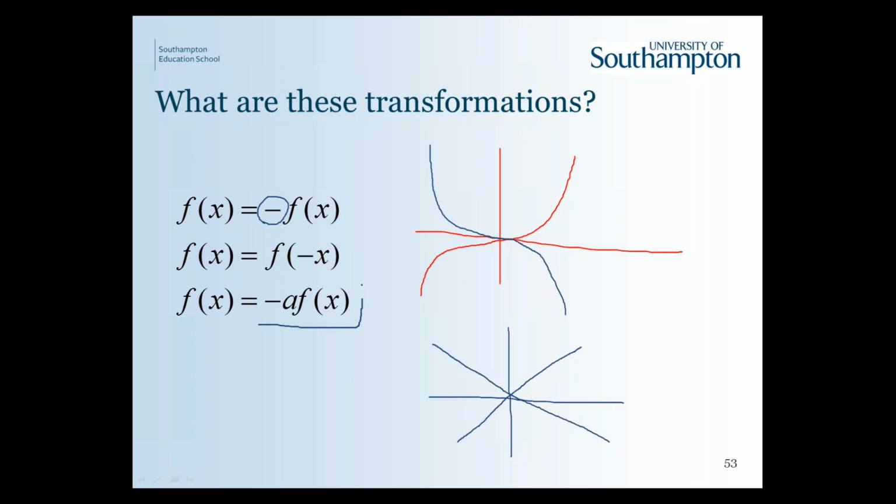And what about this one here? What's happening here? A is just a number, a generic constant. Let me make that 3. So if it was minus 3 f of x, it's going to be a reflection in the x-axis. Yep.